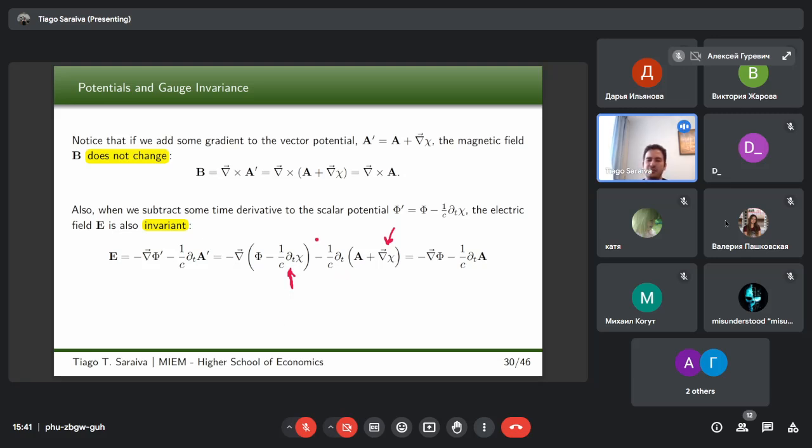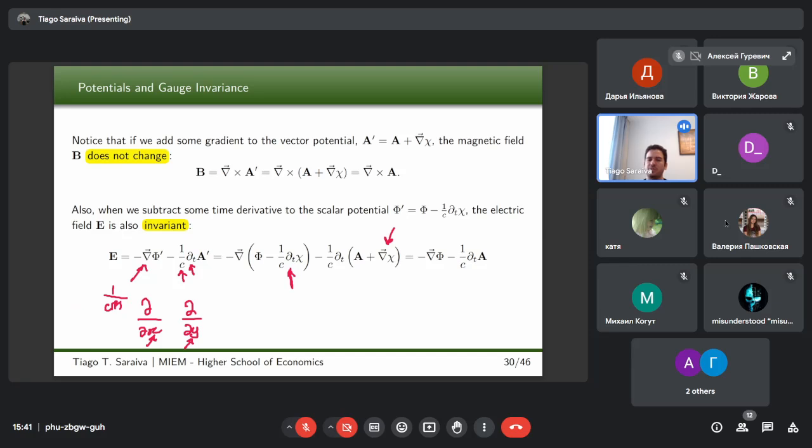Again, pay attention that it's very funny how time derivatives and the speed of light appear together in the equations, because they correct the units. The unit of gradient is 1 over length, for example, 1 over centimeter, right? Gradient is derivative over x, over y, so it has distance in the denominator of the fraction.